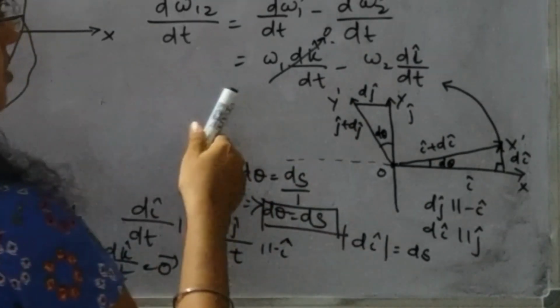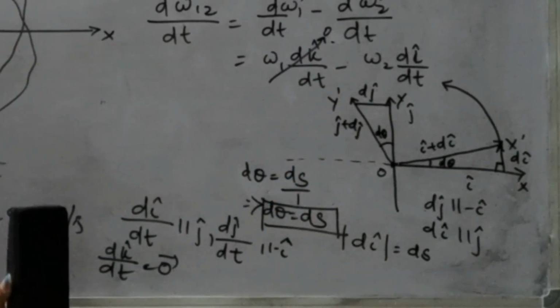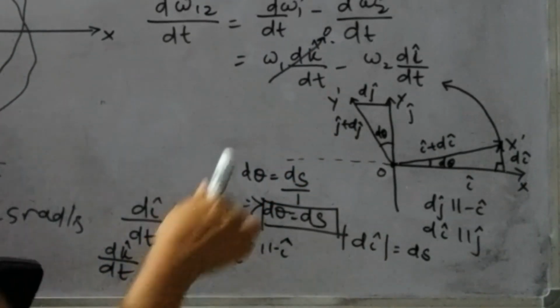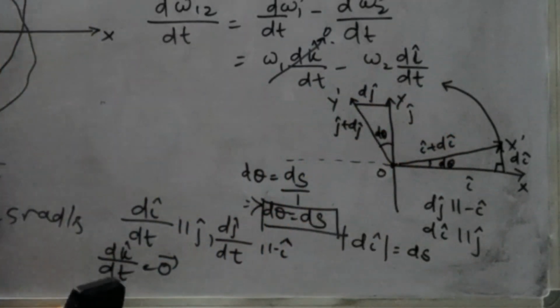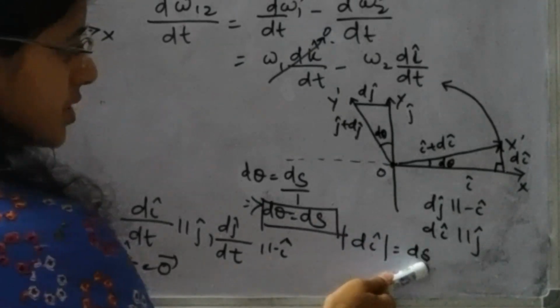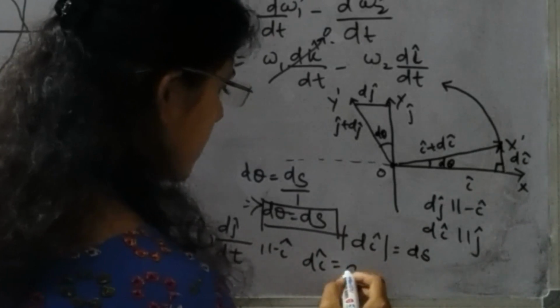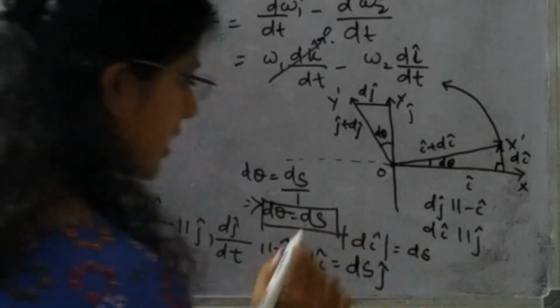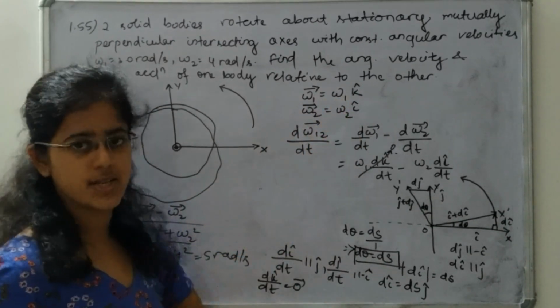So omega 1 into dk cap divided by dt, which is 0, so this term is 0, minus omega 2 into di cap divided by dt. The magnitude of di cap is ds. That means the di cap vector is ds into j cap, because a vector has magnitude as well as direction.